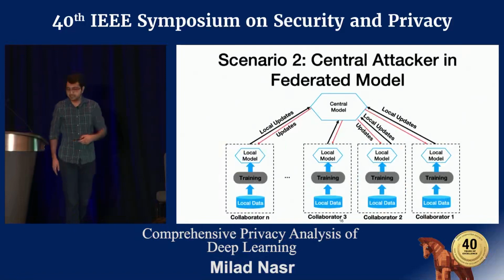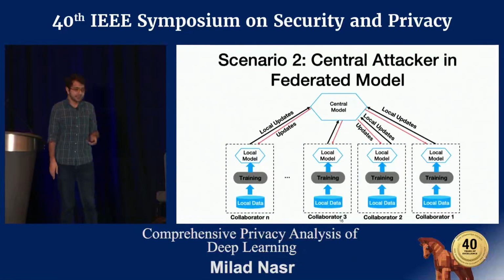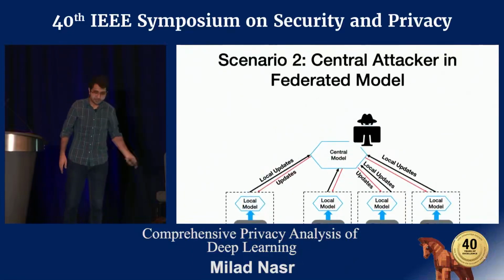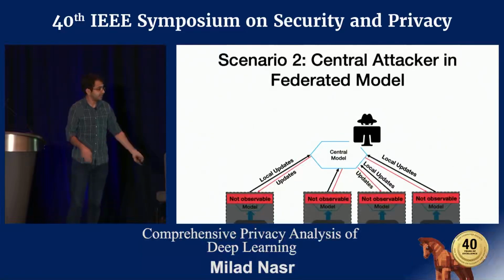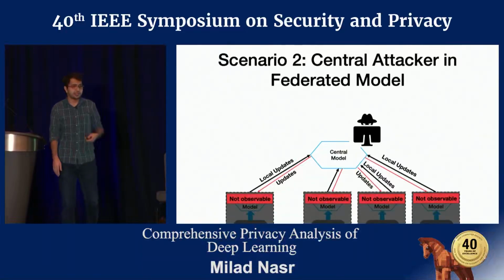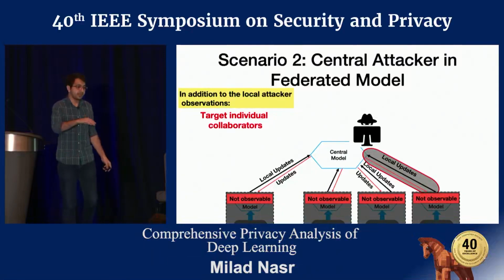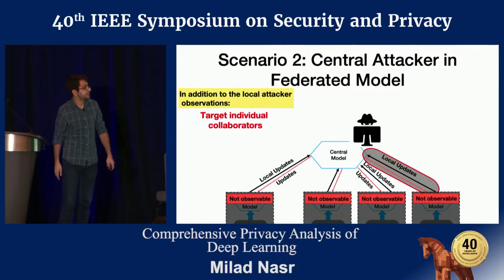Next, we have two attacks in the federated settings. One is the central attack, when the attacker is on the aggregator, and he cannot observe the local parameters of each collaborator, but he can focus on each specific collaborator, target those updates, and save those targets to launch his attacks.